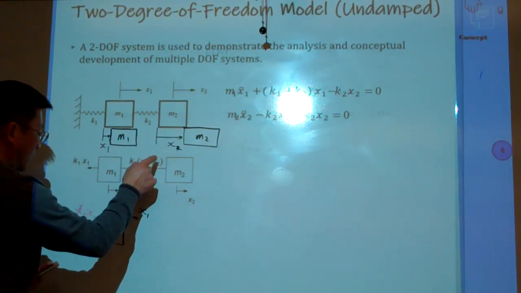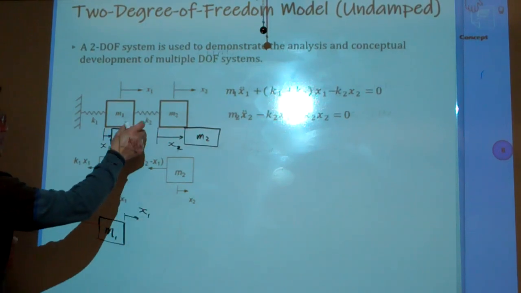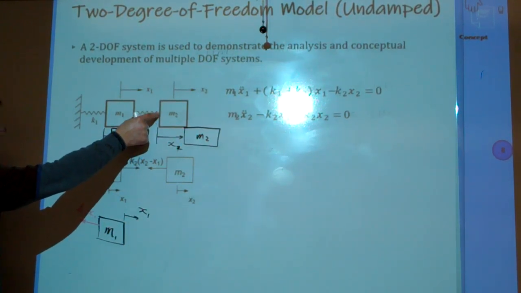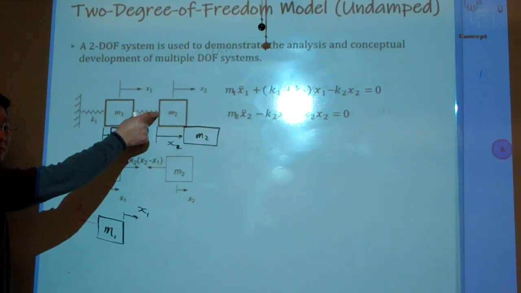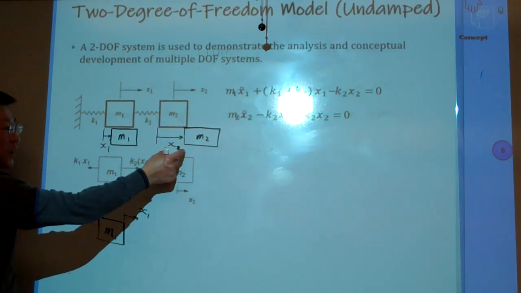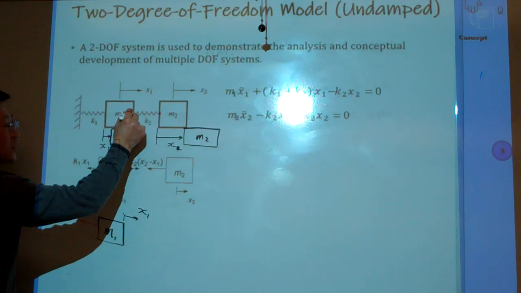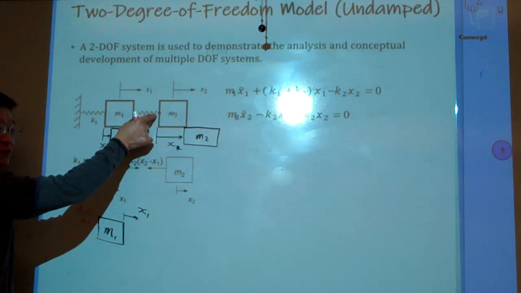Based upon my assumption that x2 is greater than x1, is this spring stretched or compressed? Because right now x2 is greater than x1, this point has a larger displacement than this one, so this spring has been stretched.